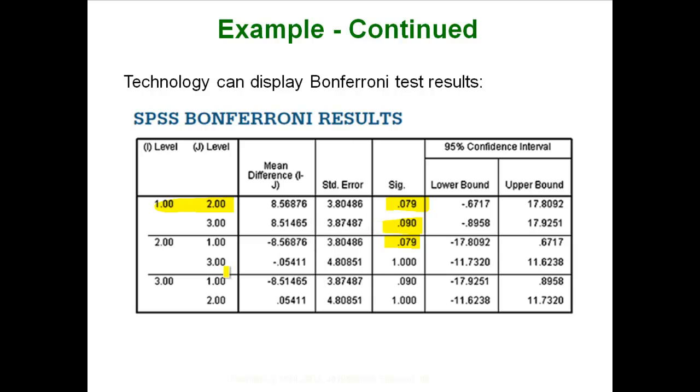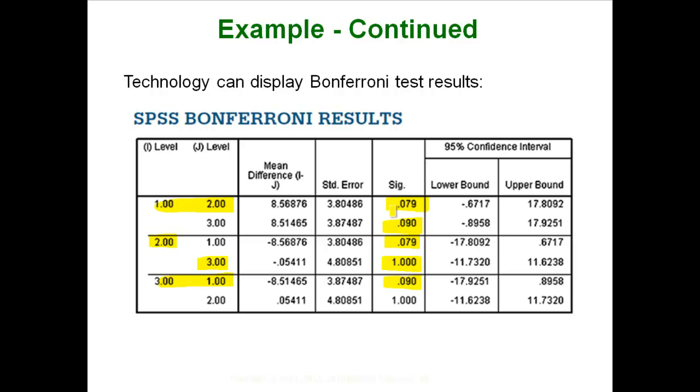And 3 versus 1 is also the same here. Now 2 versus 3, you'll notice in both cases has a 1. These are p-values, remember? So this is a probability of 1. And if you remember, 2 and 3 had almost identical means. That's why you get a p-value of 1, because they're almost identical.